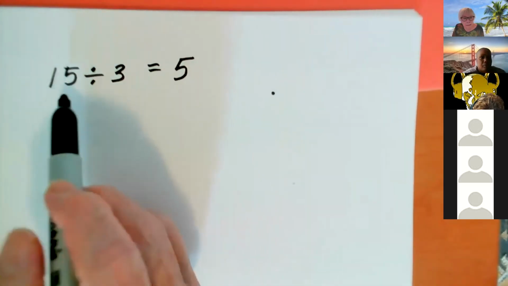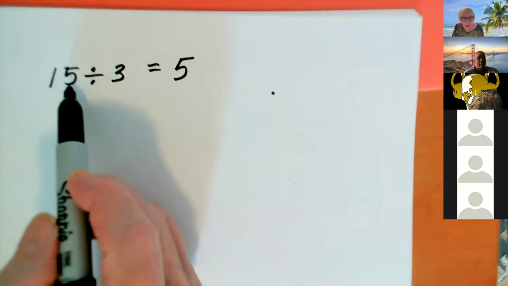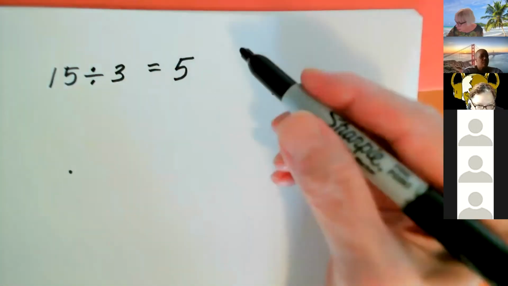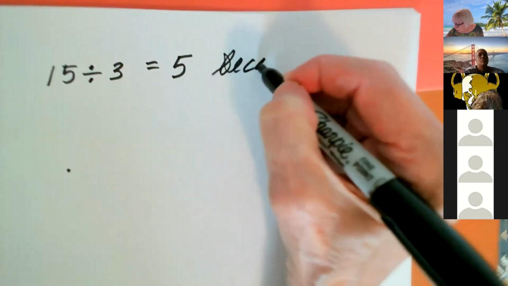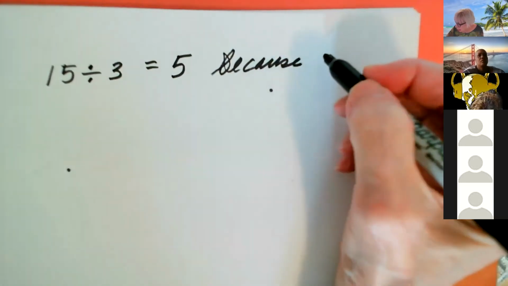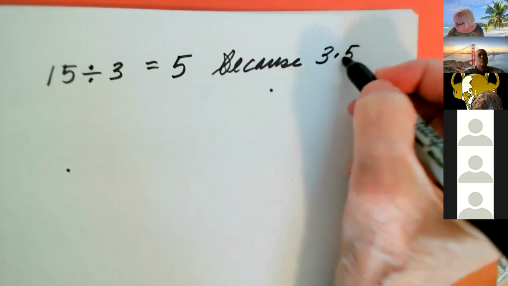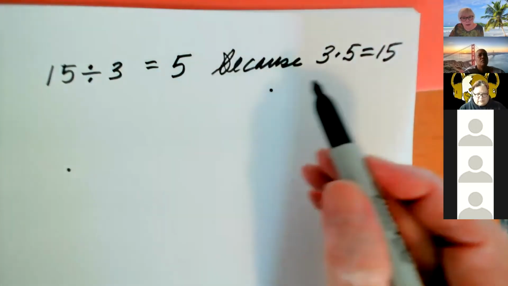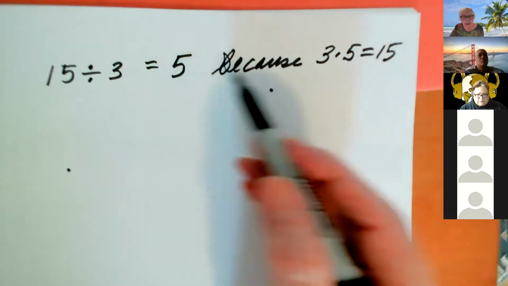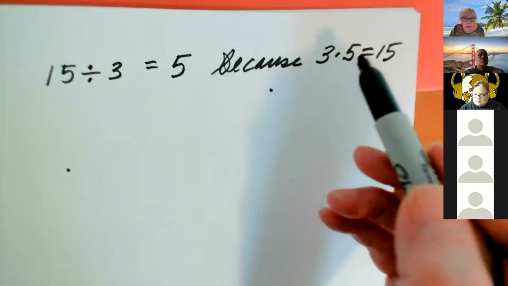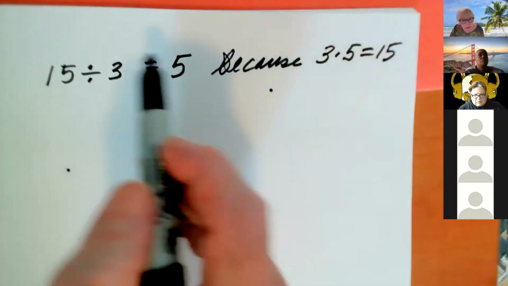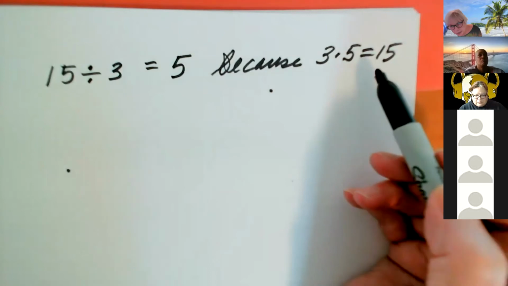Can you buy that? 15 divided by 3 is 5, and it's because of the multiplication fact, 3 times 5 is 15. So the division problem and the multiplication problem are tied at the hip, and you can't have one without the other. This one has an answer because this one has an answer.